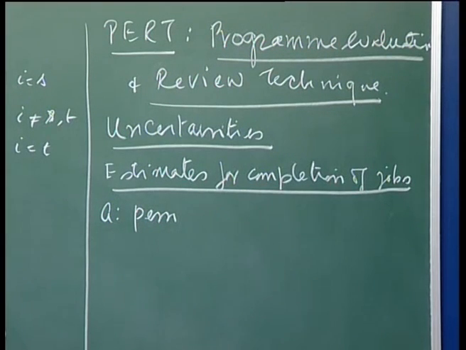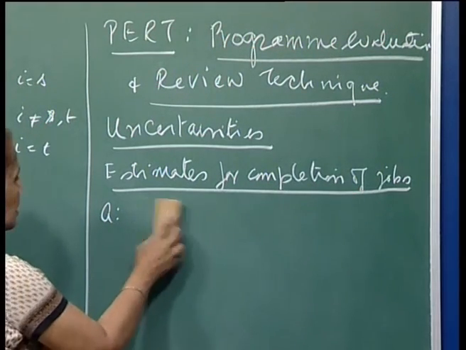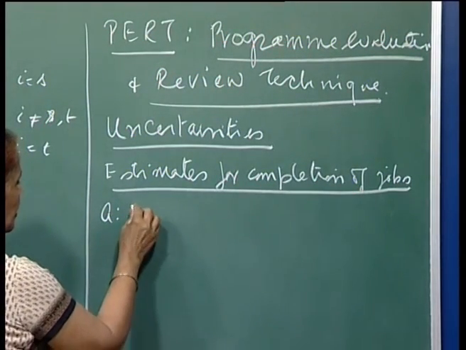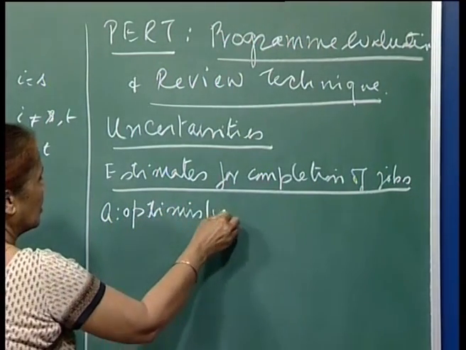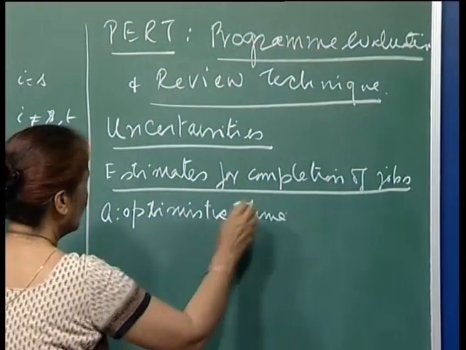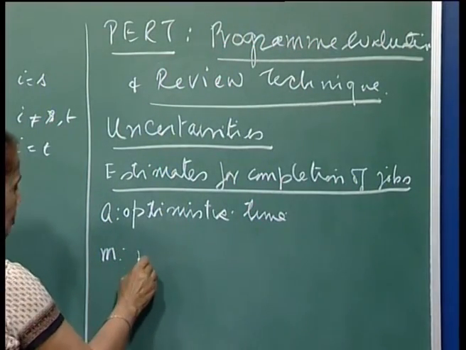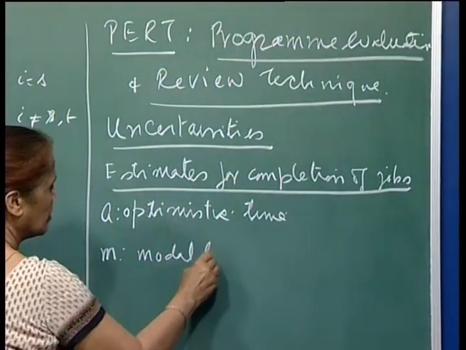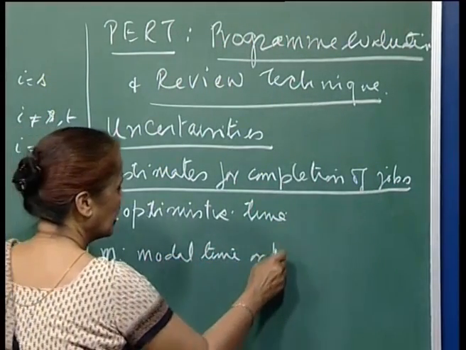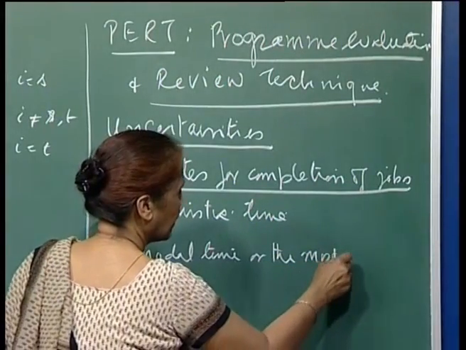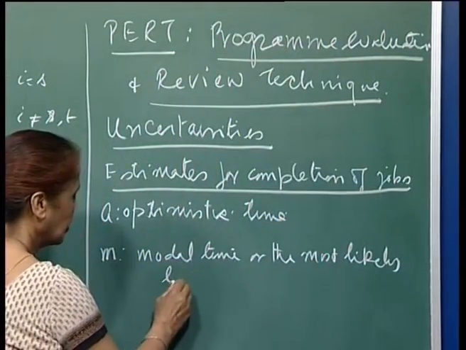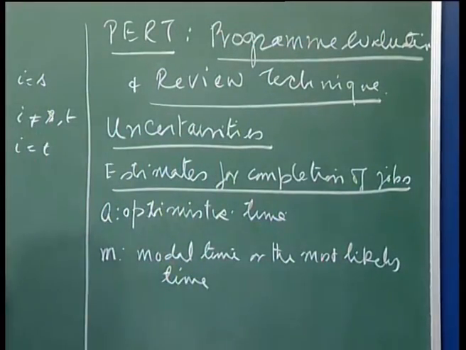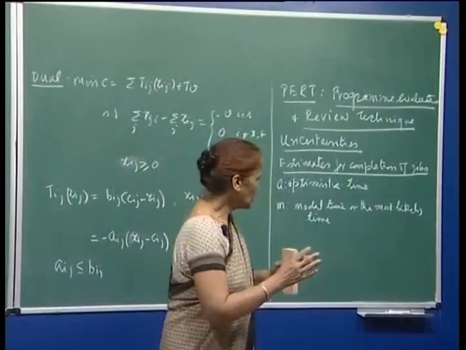You will say that the person is very optimistic that everything will go as planned and so on. Then M denotes the modal time, or the most likely time, which means you take care of some failures and some things going okay, a mixture of both.